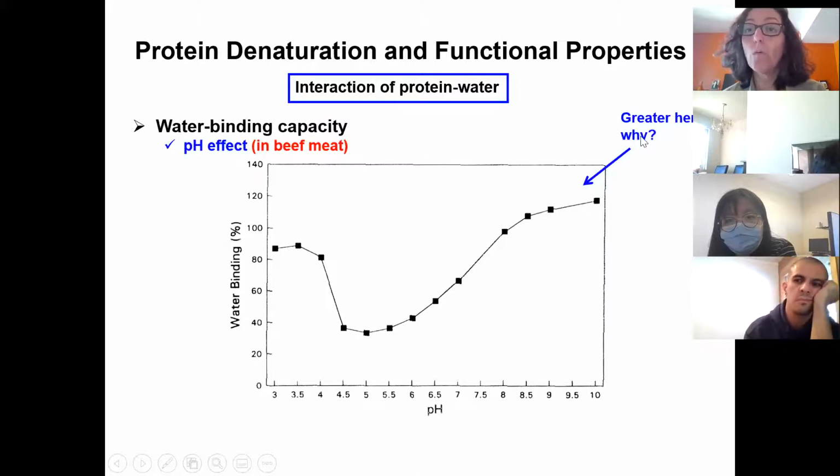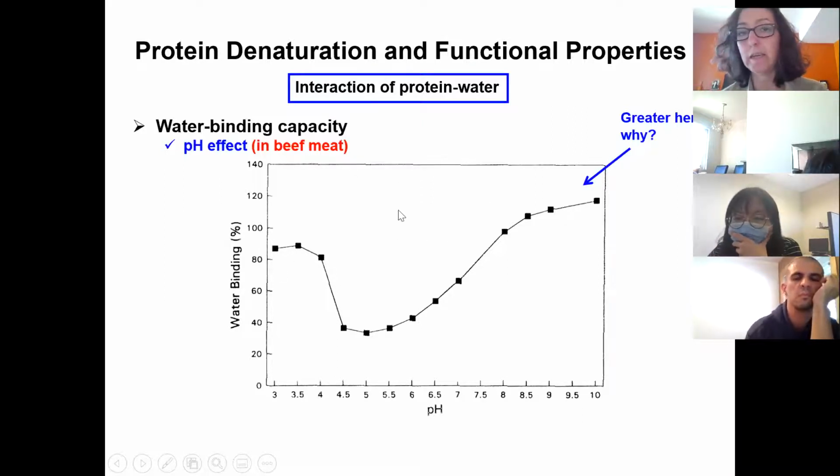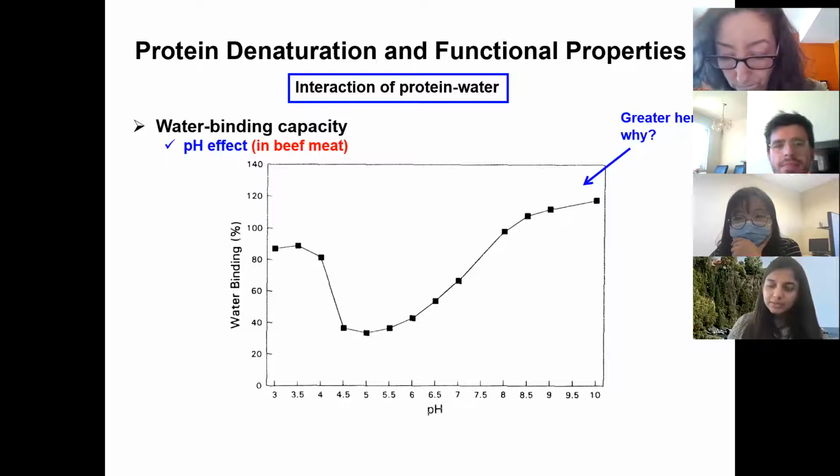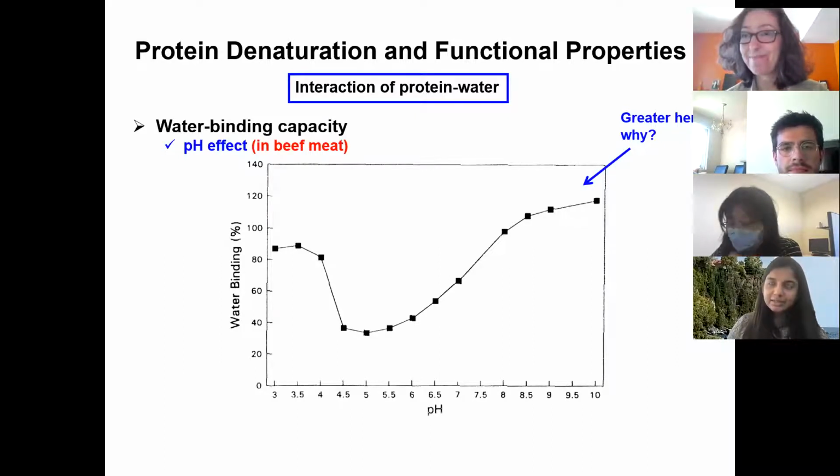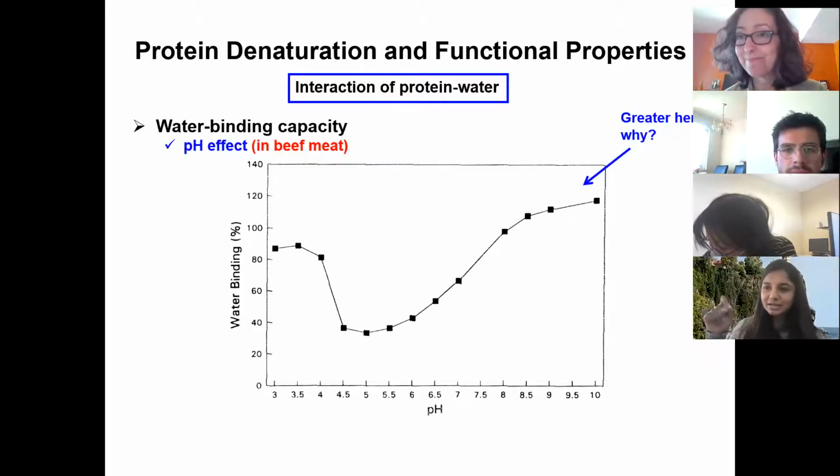more binding. But why do you think we have more binding at alkaline than at acidic in general, regardless of the type of protein? Is it due to certain amino acids like tyrosine and cysteine? Yes, they get charged at alkaline pH. Absolutely.